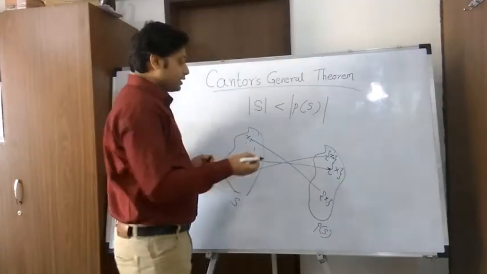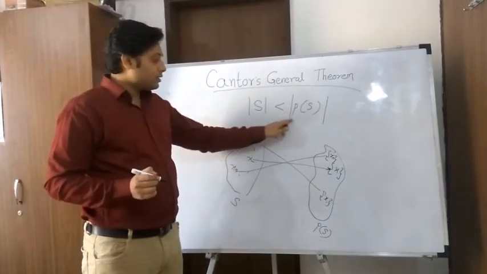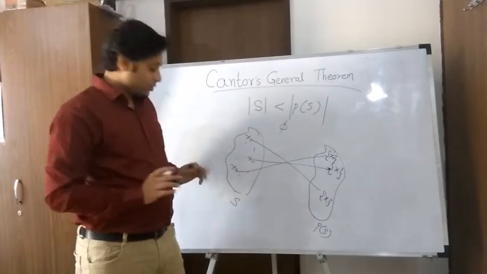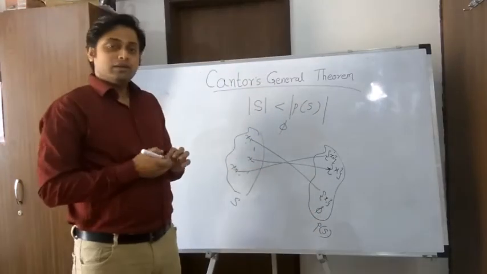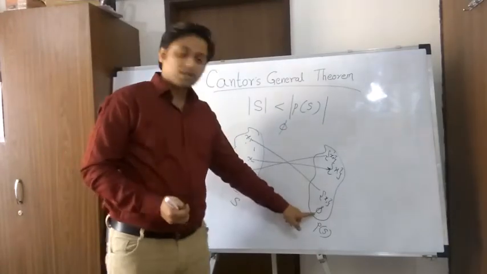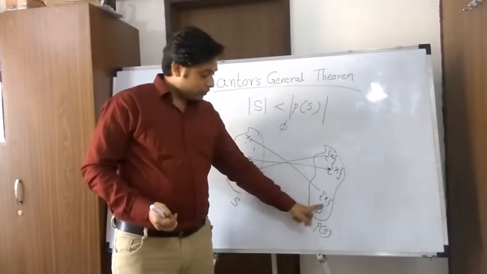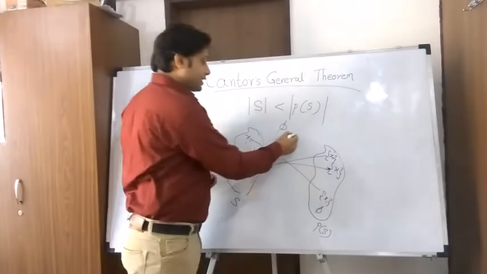So let's consider the null set phi. Phi is a subset of all sets. So this phi is present in the power set of S. Now all the singleton sets are mapped, and phi is not a singleton set. So phi is surely unmapped. What about the set S itself?